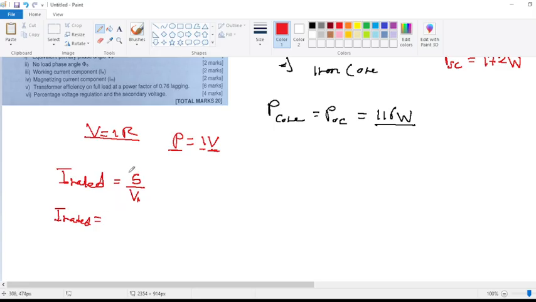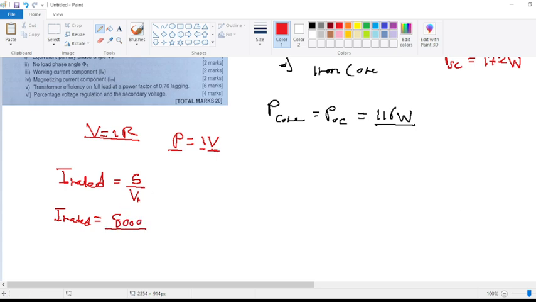This is the rating of the transformer, given as 8 kVA, that's 8,000 volt-amps. So I'm going to have 8,000 here. You divide everything by the voltage on the primary.